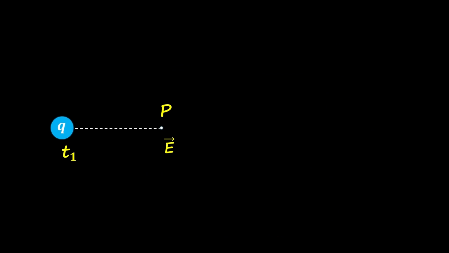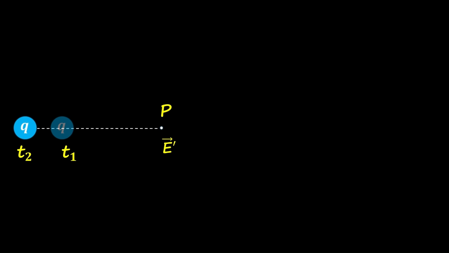Here you have a charged particle Q, and at time t1, the electric field at point P is given by E vector. Now, at time t2, the position of the charged particle has changed. So, the new electric field at point P is denoted by E prime vector.